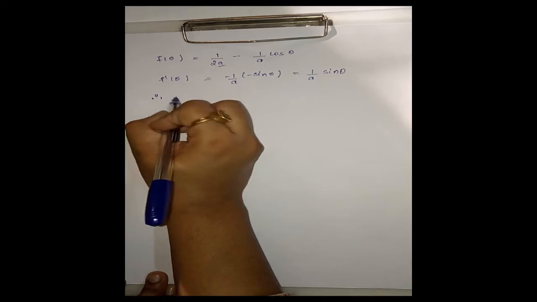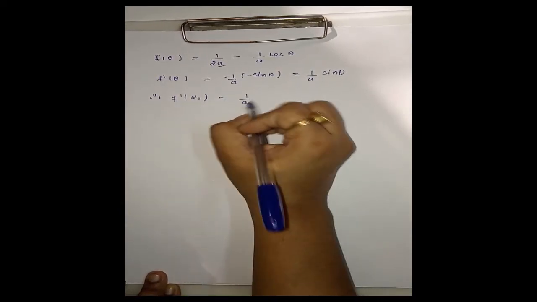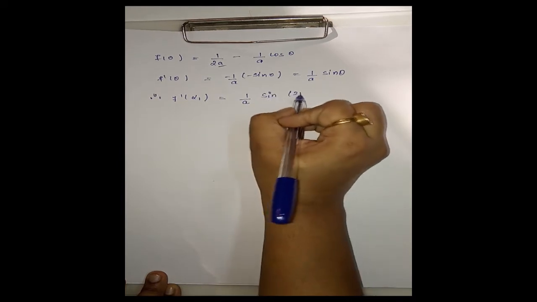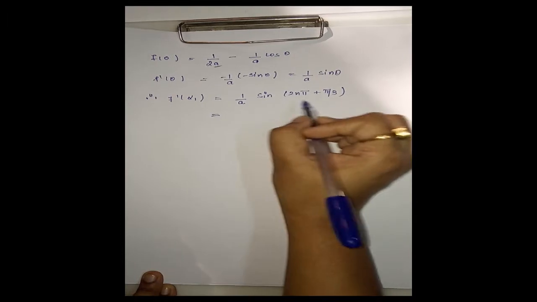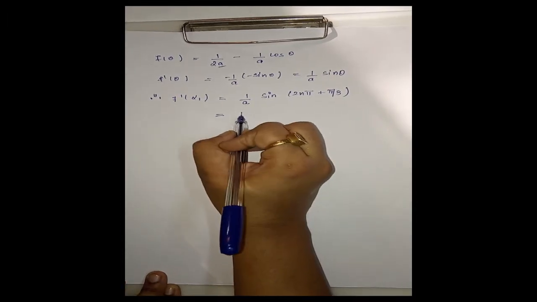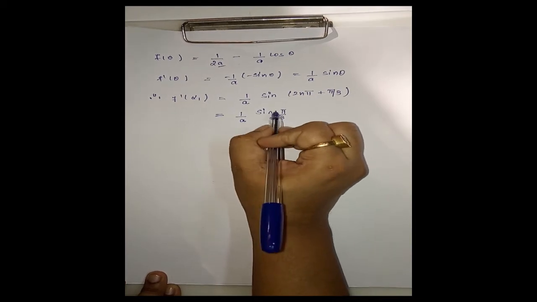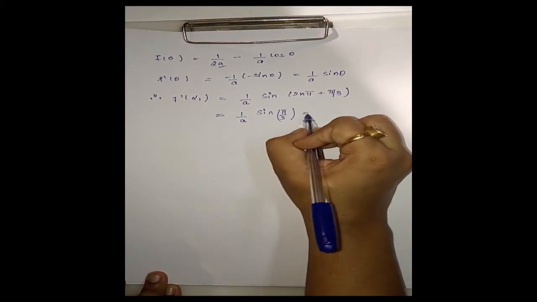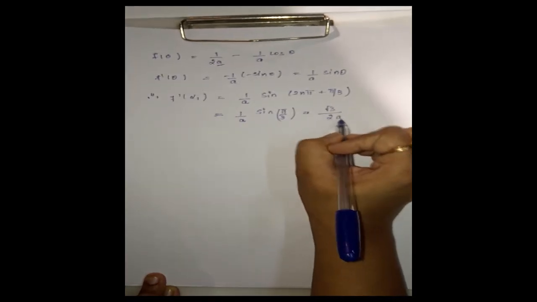Therefore, f dash alpha 1 is equal to 1 upon a sin(2n pi plus pi by 3). That means this is equal to 1 upon a sin pi by 3, and sin pi by 3 is root 3 by 2. This is equal to root 3 upon 2a.